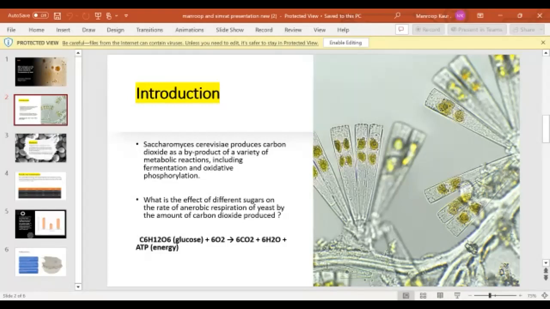There was a bit of a connectivity problem maybe. I'll just explain the methods then. We are going to use glucose, maltose, and sucrose as our three different sugars in order to test the effect on the production of carbon dioxide using yeast fermentation.